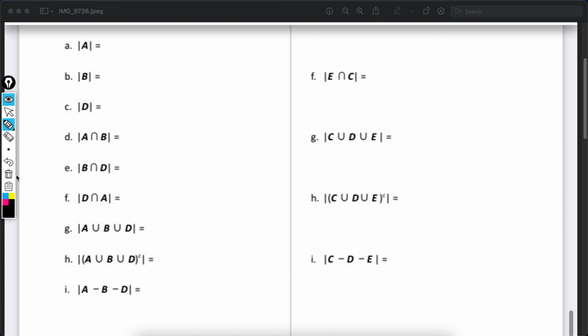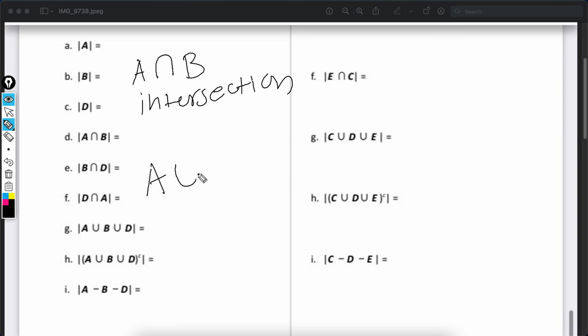Now, one last thing I want to cover in this specific video. Let's say we had A and B, intersection. We have, let's say, A or B, union.